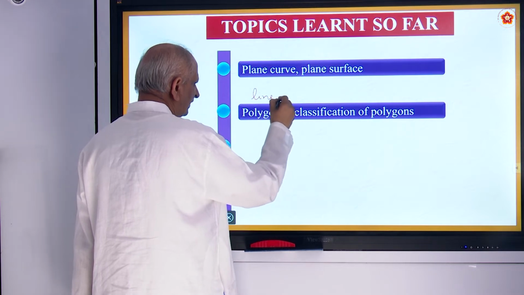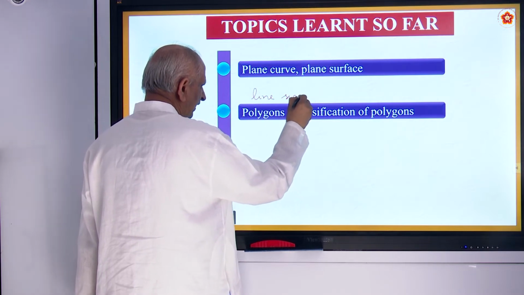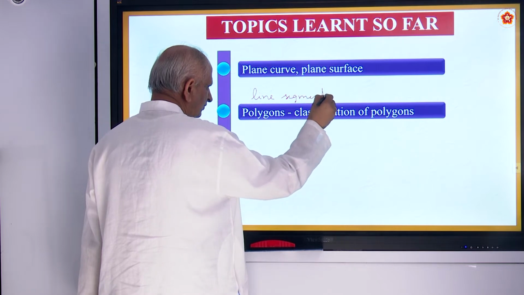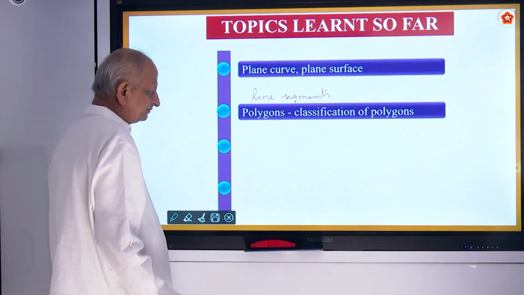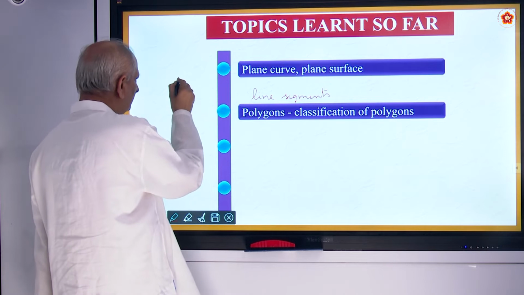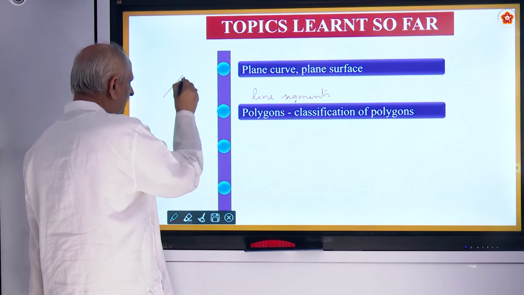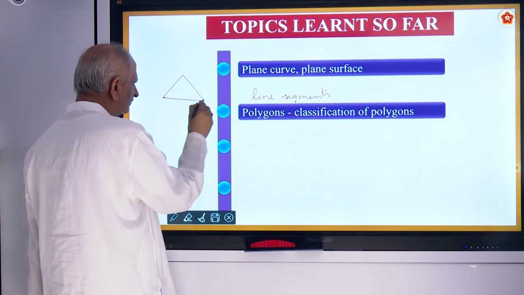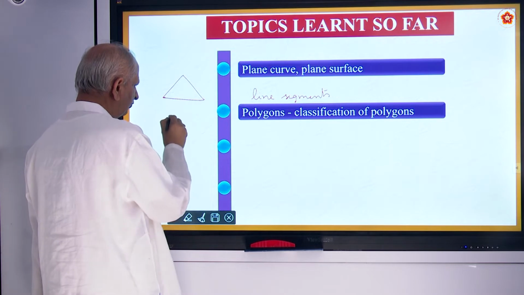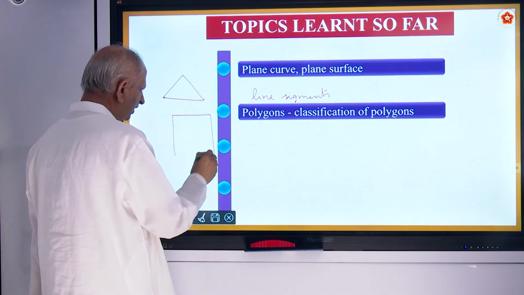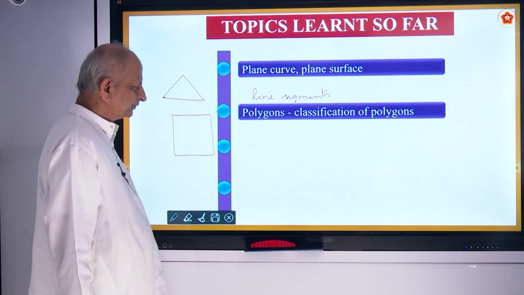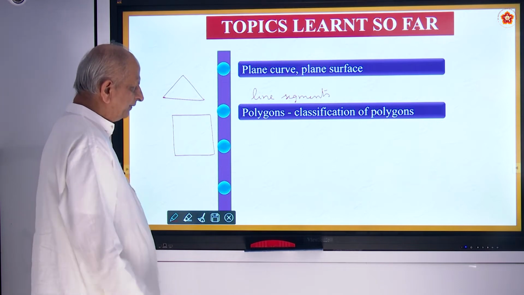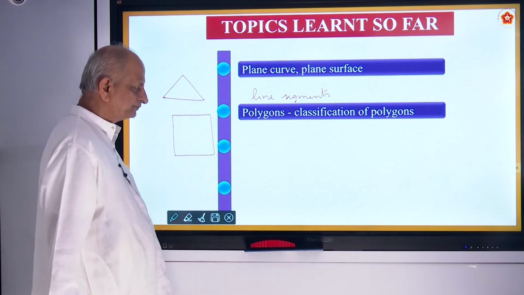So the line segments will be there, and naturally we have vertices. For example, a triangle is the simplest of polygons. And a square is also a polygon having 4 sides. Correct?